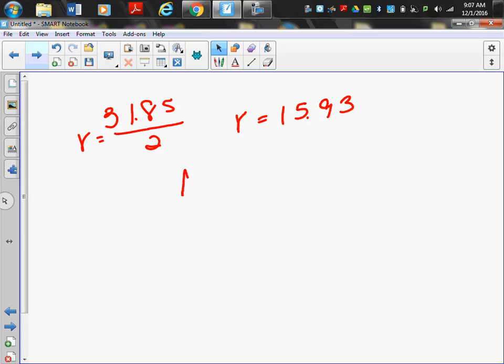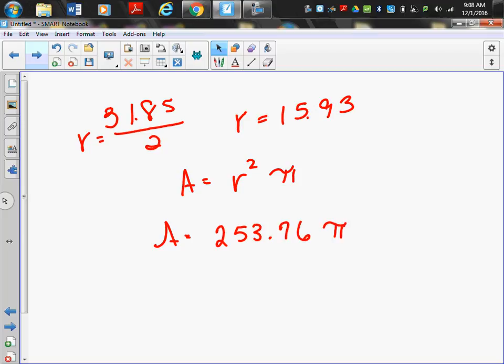So now I know area equals radius squared times pi. So 15.93. This is where you're to the point where all you're doing is plugging it in your calculator. 15.93 squared is 253.76.